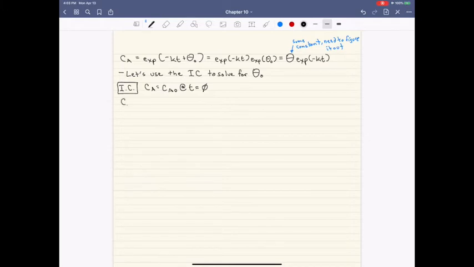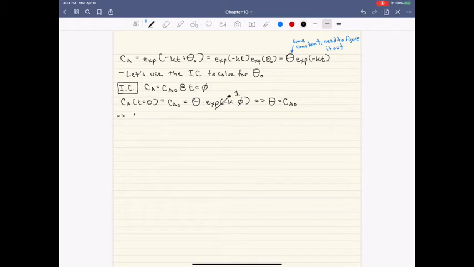So Ca at time equal to 0 is equal to Ca naught, which is equal to theta times the exponential of negative k times 0. So the exponential of 0 is 1. That tells us that theta is just equal to Ca naught.